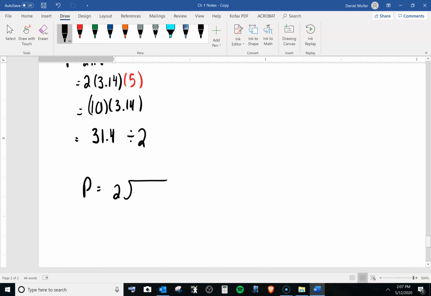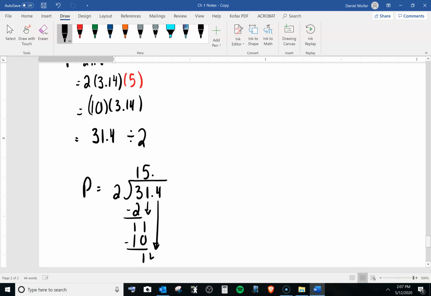2 into 31.4. 2 goes into 3 once. 1 times 2 is 2, and you can subtract it. Carry down the 1. 2 goes into 11 5 times. 2 times 5 is 10. Subtract it.